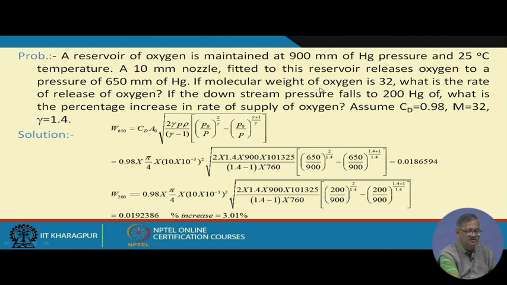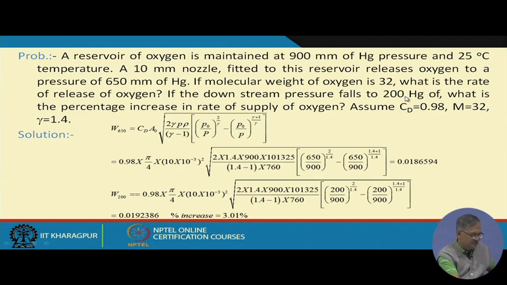If molecular weight of oxygen is 32, what is the rate of release of oxygen? If the downstream pressure falls to 200 millimeter of mercury, what is the percentage increase in rate of supply of oxygen? Assume CD 0.98, molecular weight already given 32, and gamma 1.4.